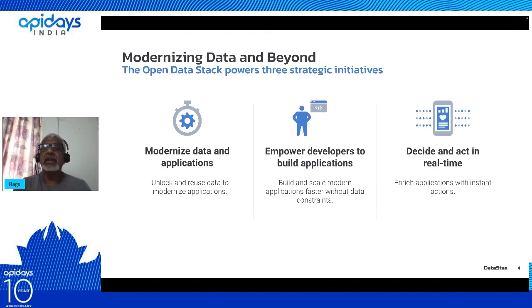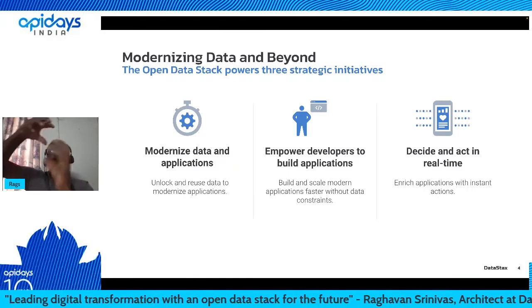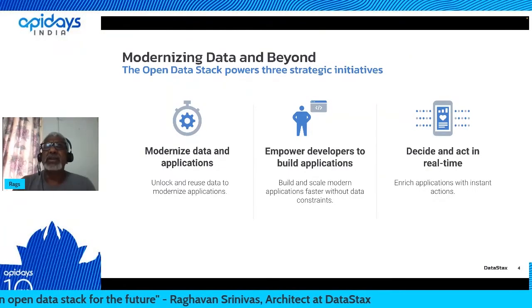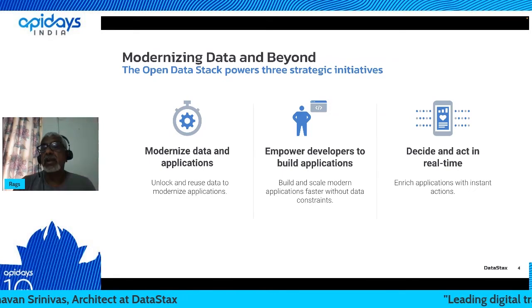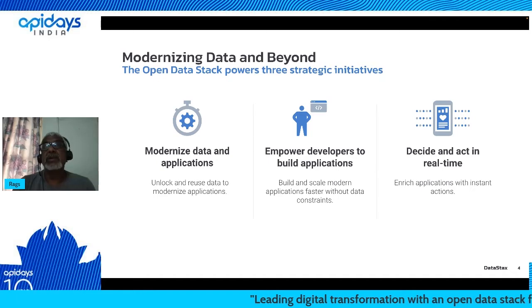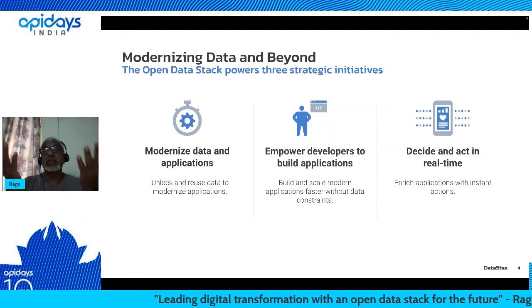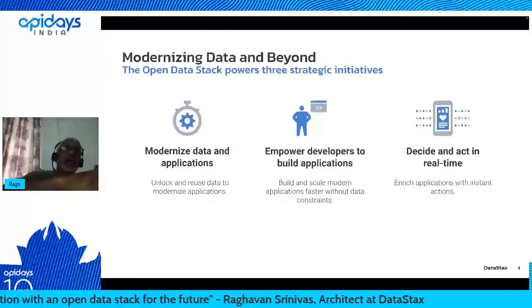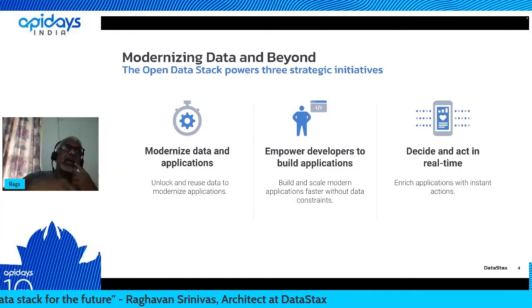So the idea is that if you provide some of these APIs, you can string them all together to build a pretty complex solution. But one of the key things about all of this is that you need to be able to act in real time, right? Even if you take the example of banking versus healthcare, I recently had to wire some money from the US to India, and I immediately got a fraud alert.